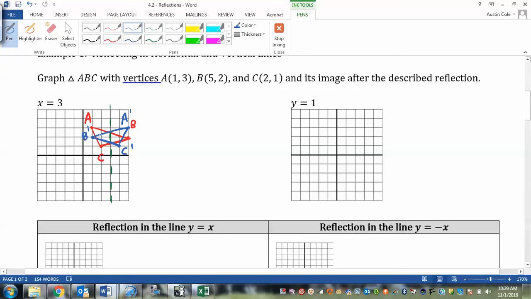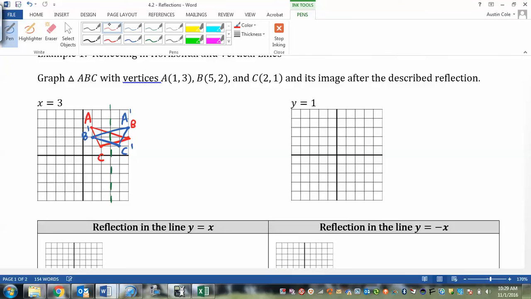This one kind of gets busy just because we're reflecting on top of each other, but I think we can see that the red triangle, the pre-image, is the same size and shape as the blue triangle, the image. Questions there?